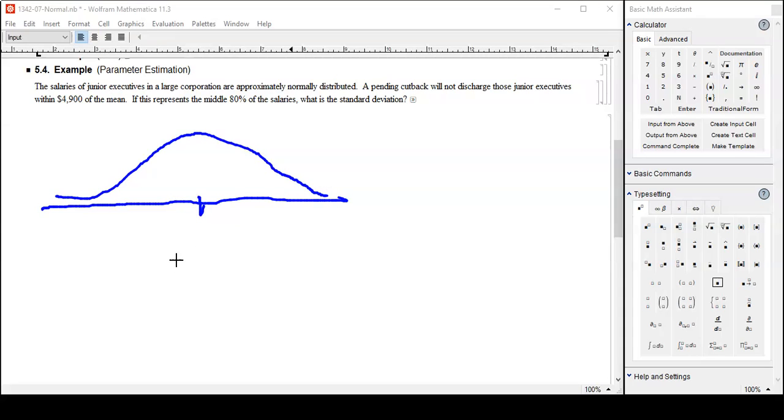Then we have the mean, but we don't know that. Then we have one end, and then the other end. We don't know those either, but the problem gave you critical information: from here to there is 4,900, and from here to there again 4,900.